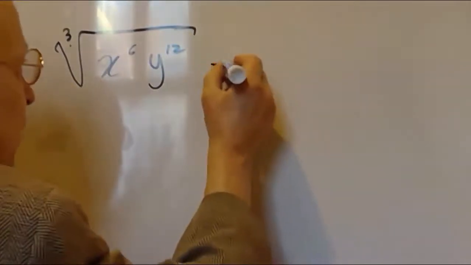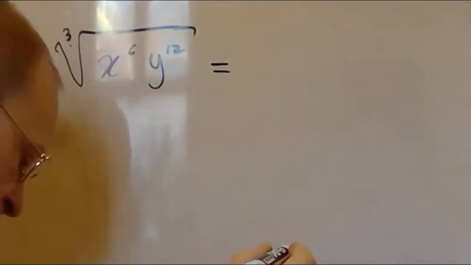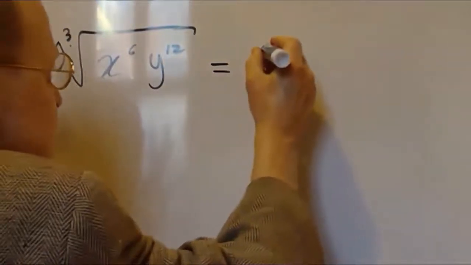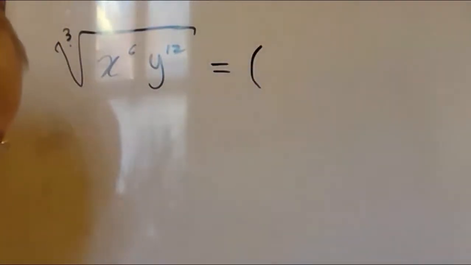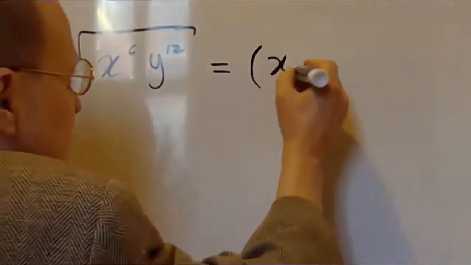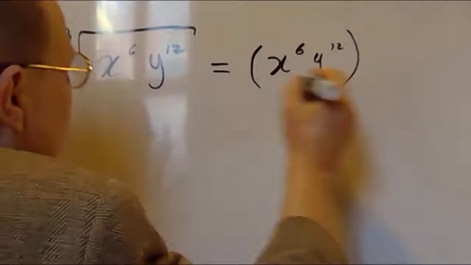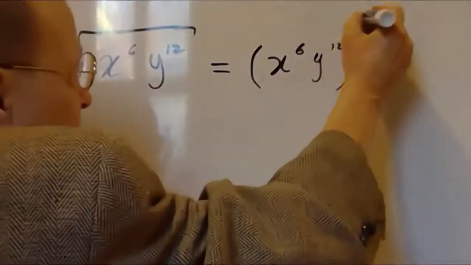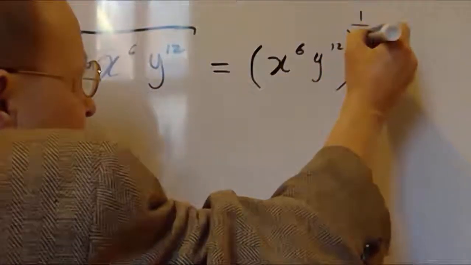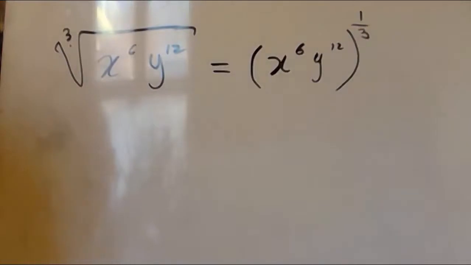So we can rewrite this with our power. That would be x to the 6th, y to the 12th. But we're going to rewrite that as 1/3, since it's a cubed root.